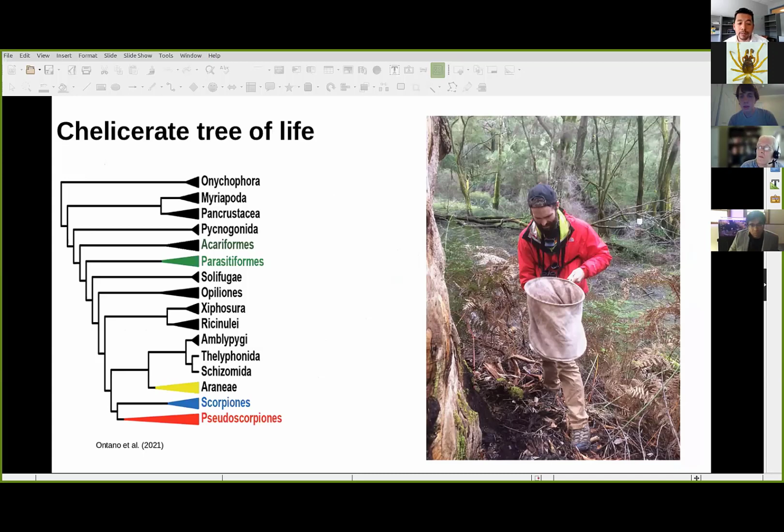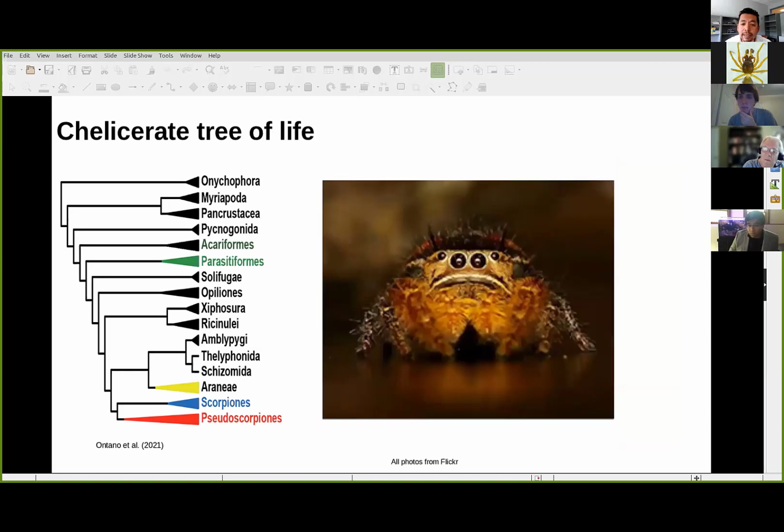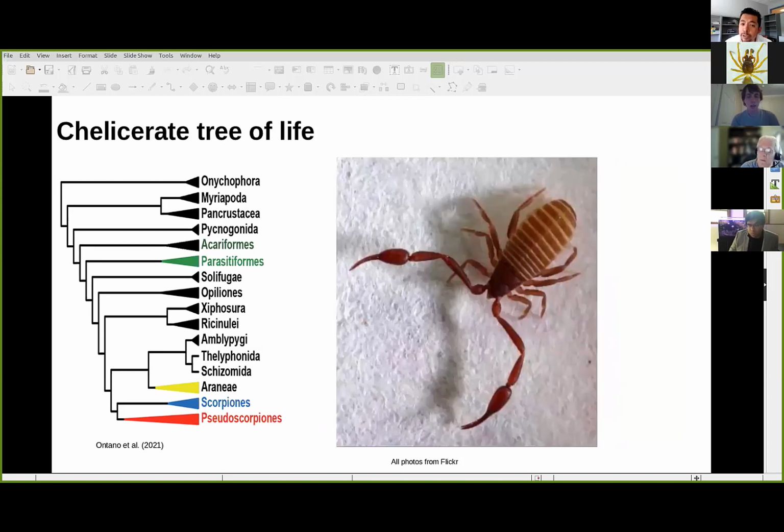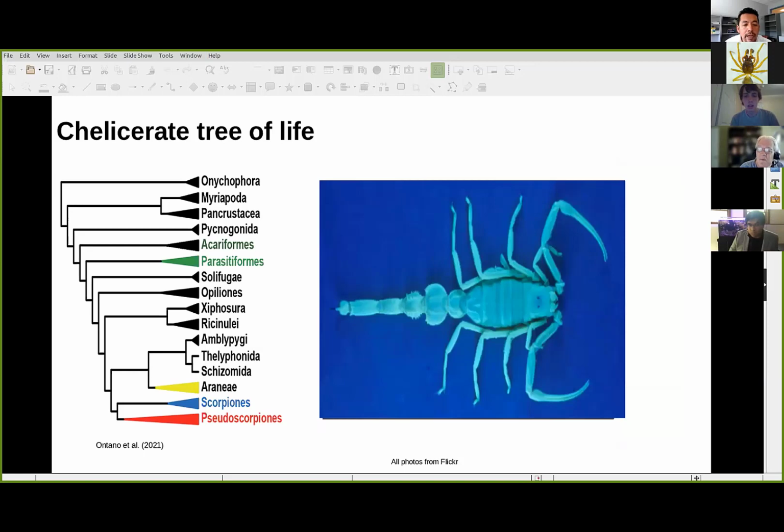But the reason for this slide is that I want to draw your attention to the fact that there are 4 major groups of arachnids that possess venom, including ticks, obviously spiders, as Jeff has talked about before, and pseudoscorpions. This is a very cool, interesting group of organisms as well. And finally, the reason for this talk is Scorpiones.